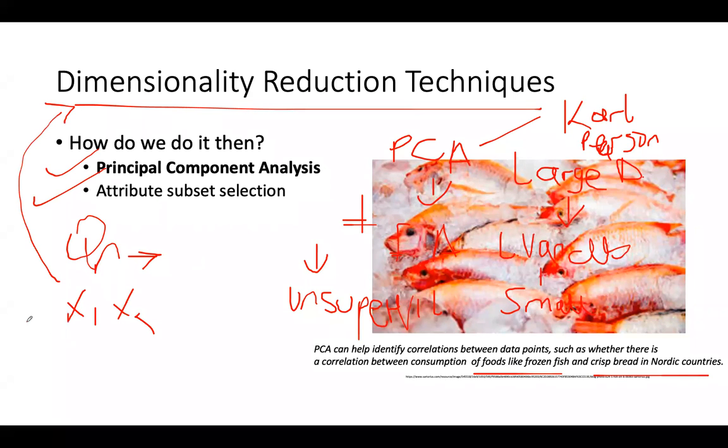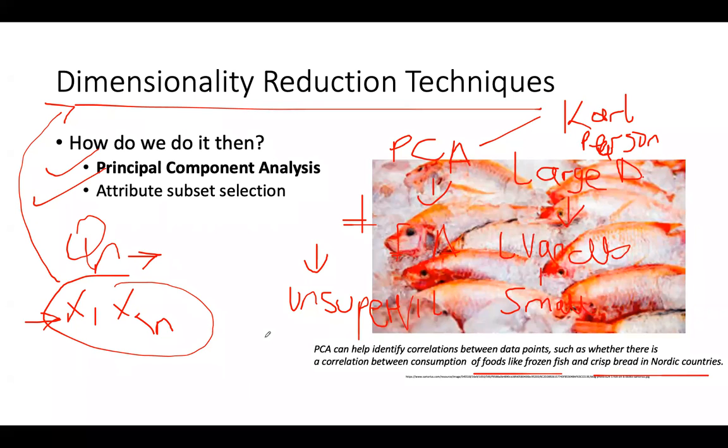So given some attributes, maybe x1 to xn, we want to determine, do we have any strong correlation between variables, right? If so, then the goal here is to try and reduce those dimensions, so that at least we have just a summary, or some smaller set of attributes for that.